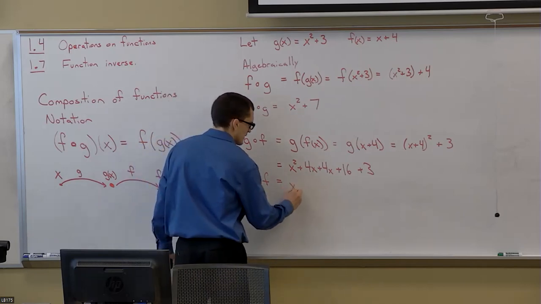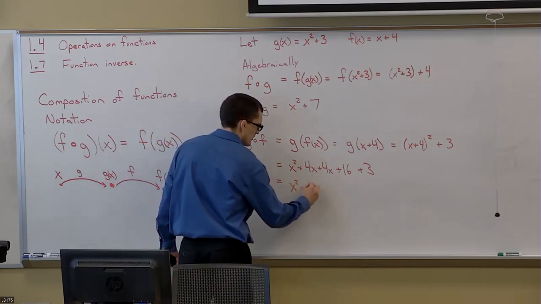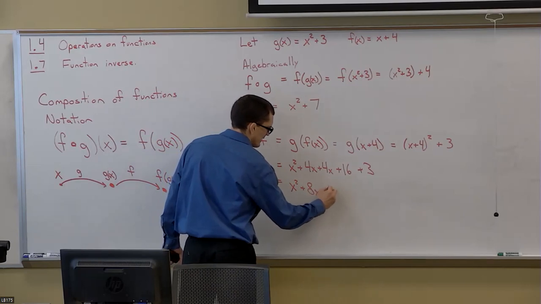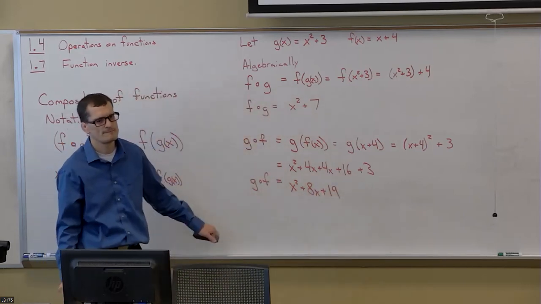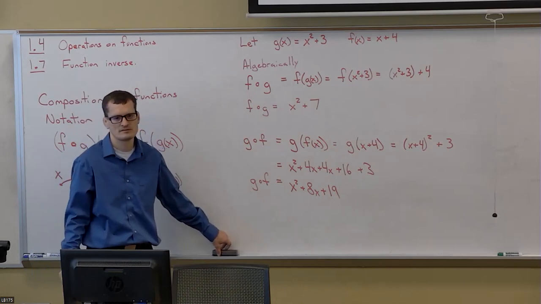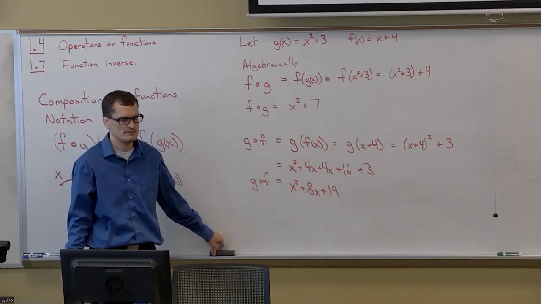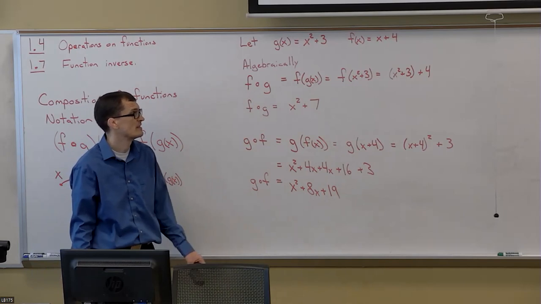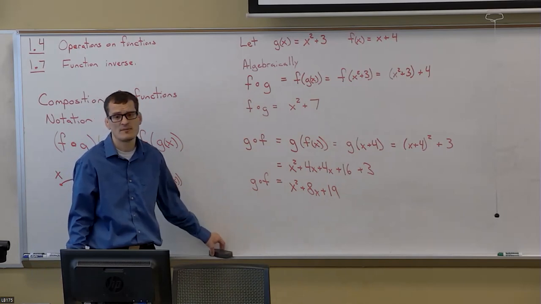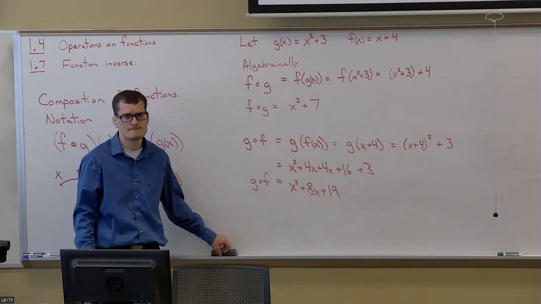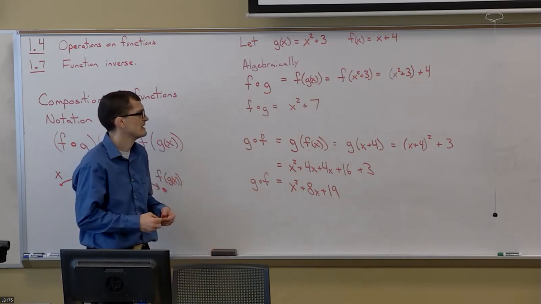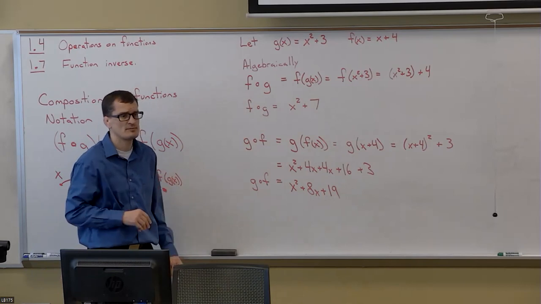So x squared plus 8x plus 19, it looks like, is the final answer. Any questions about function composition?